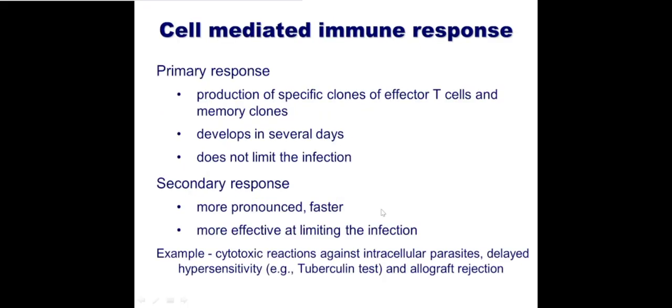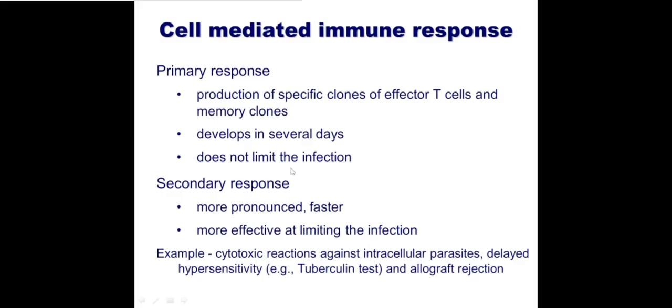Clear this? So, the cell-mediated immune response: in the primary response, production of a specific clone of effector T cells and memory cells develops in several days. This response developed in several days does not limit the infection. The secondary response is more pronounced and faster. Why is the secondary response faster? Because during the primary response, memory cells will be developed.